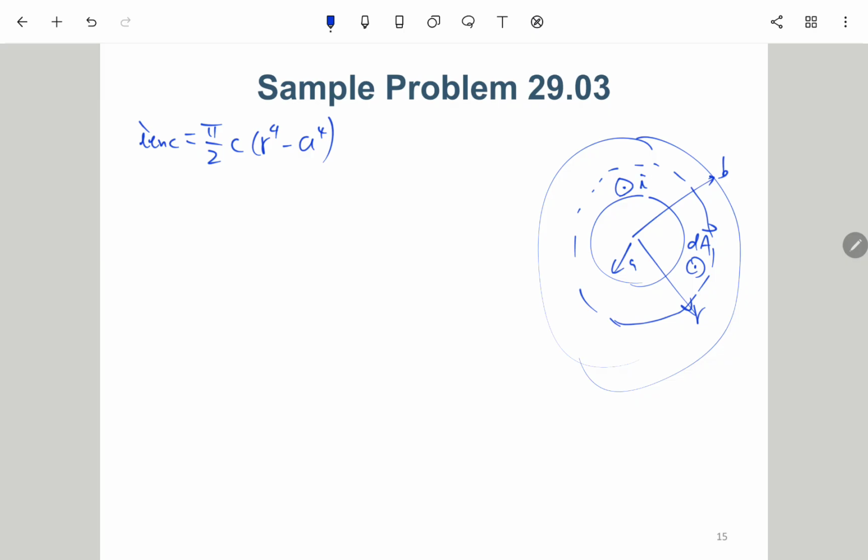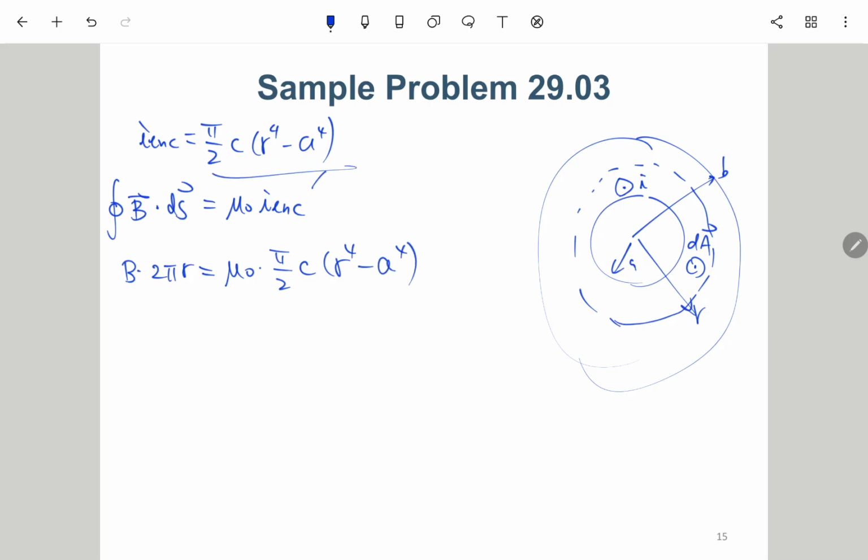So here we can use Ampere's law: the closed integral of B dot ds equals mu 0 I enclosed. On the left side, as always, B times 2 pi r. And on the right side, mu 0 times pi over 2 c, times r to the 4th power minus a to the 4th power.